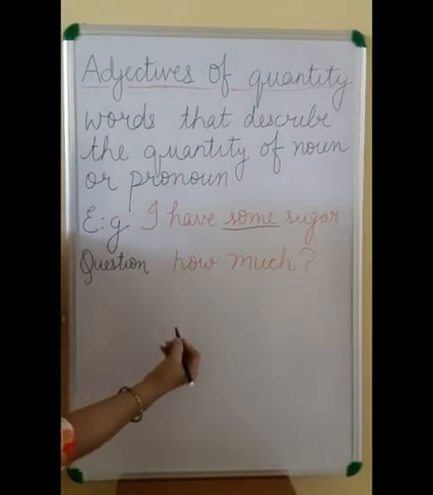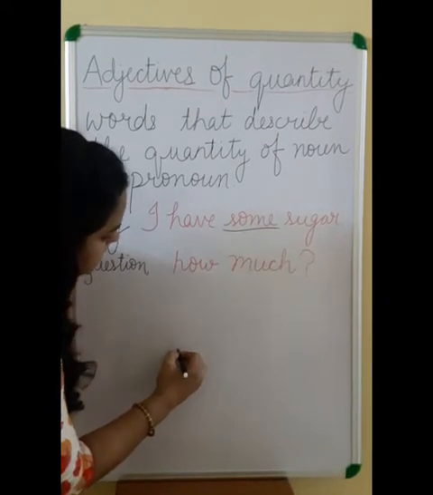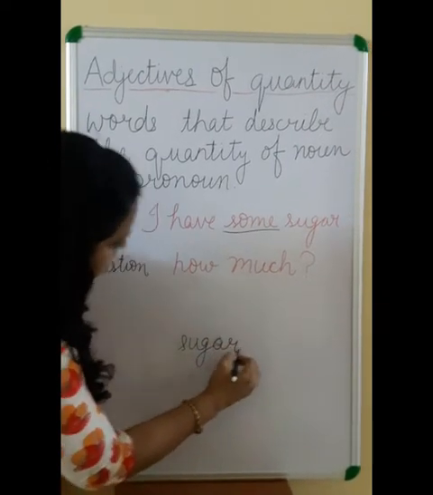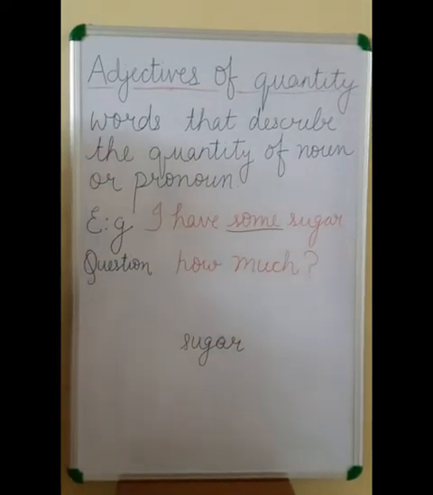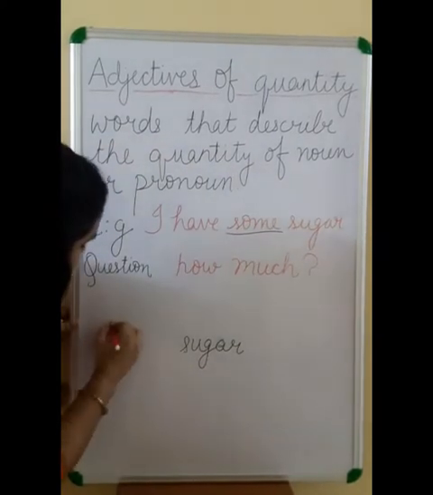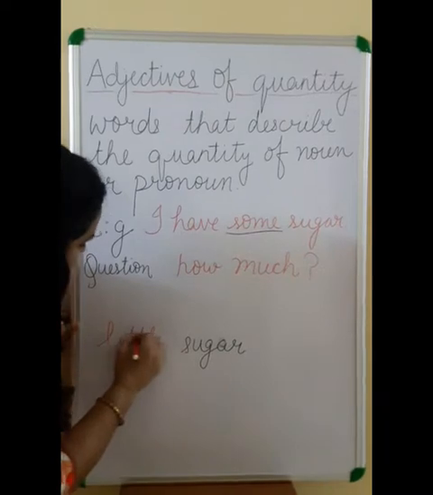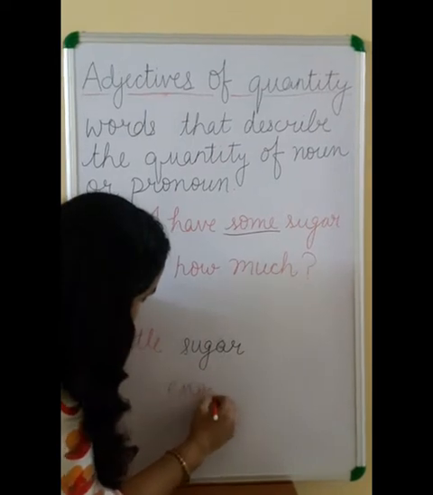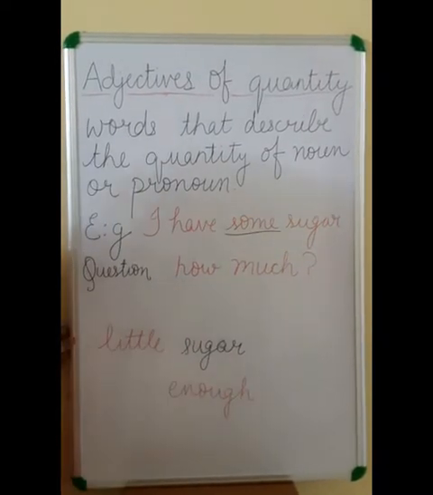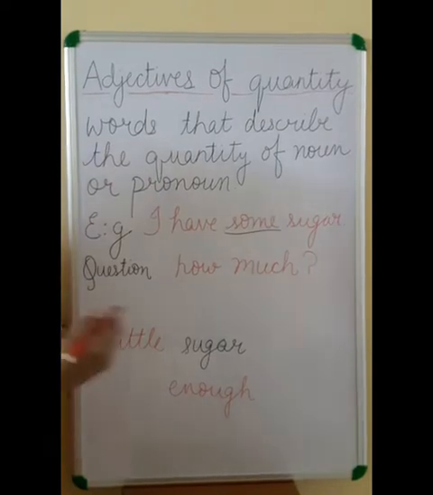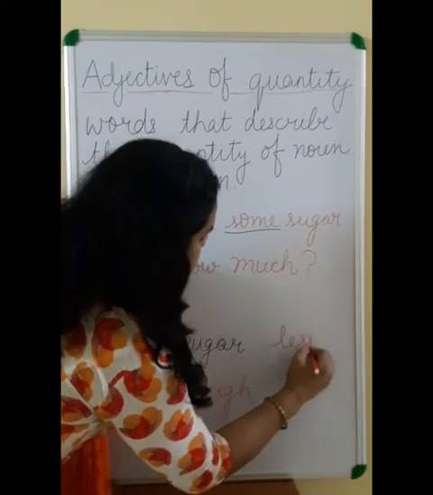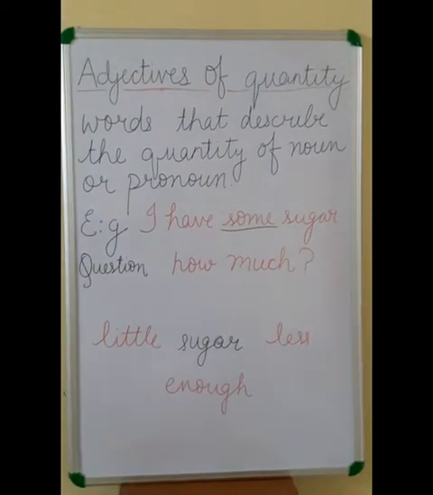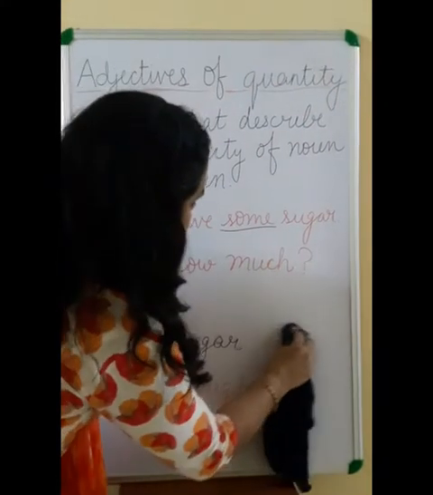The other adjectives that you can use with sugar: you can use I have little sugar. You can use I have enough sugar. You can use I have less sugar. Or you can use I have more sugar. Because little and less are the same, we will use more sugar.